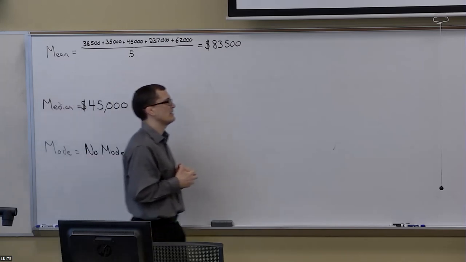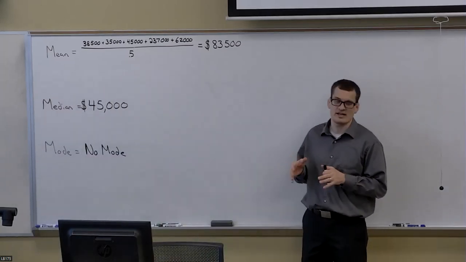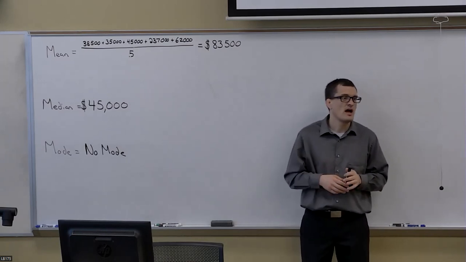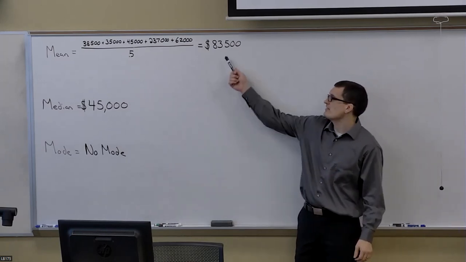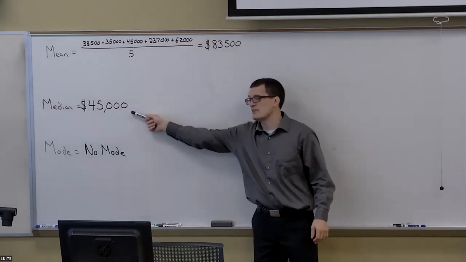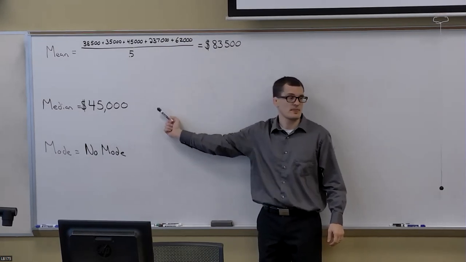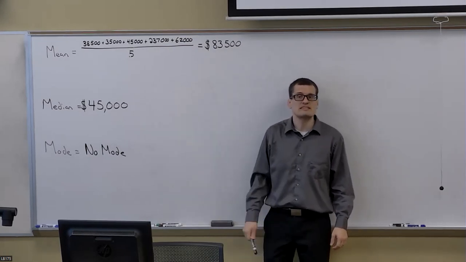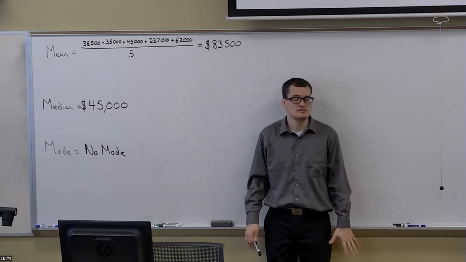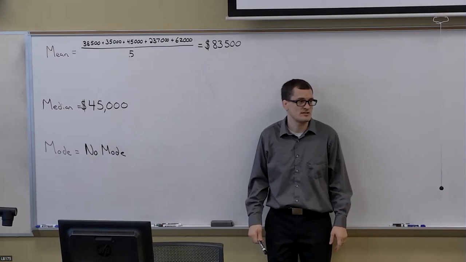Now, here's something that we'll talk about later, but I'm going to draw your attention to it right now. I want you to notice that there's a big difference between this number and this number. Those are 2 different numbers, the 45,000 versus the 83,500.